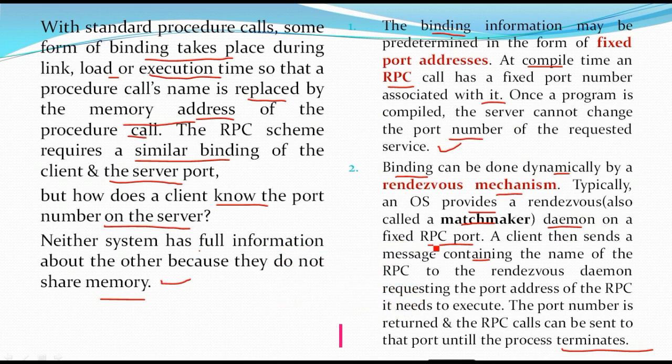Once the compilation is done, the server cannot change the port number, and a client then sends a message containing the name of the RPC to the Rendezvous daemon requesting the port address of the RPC.